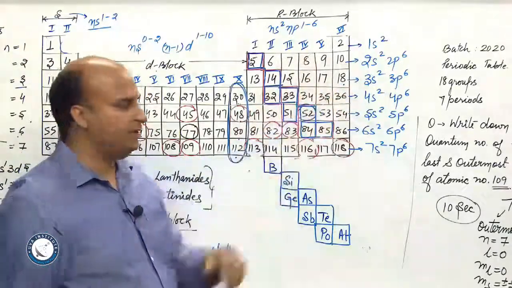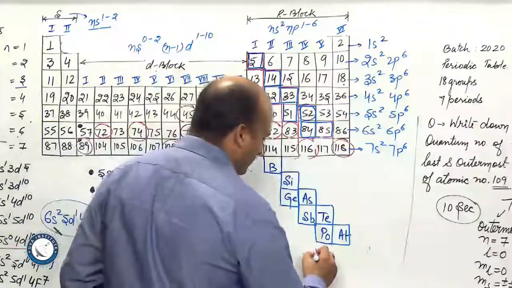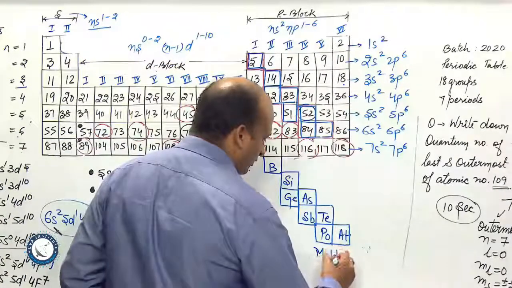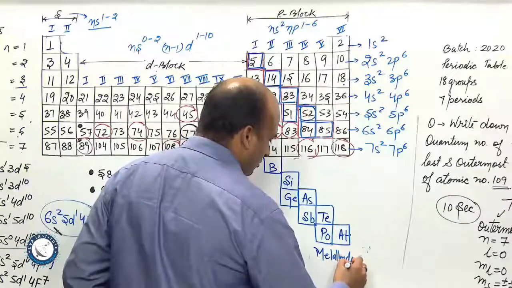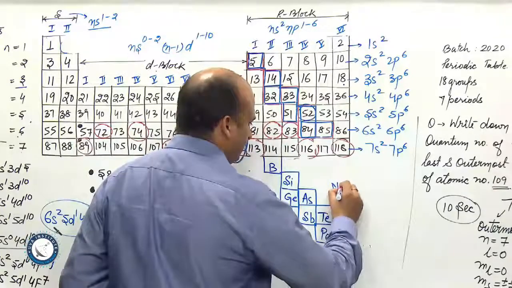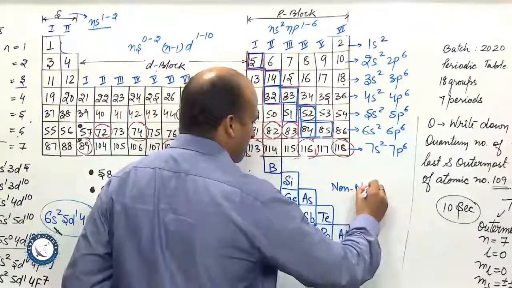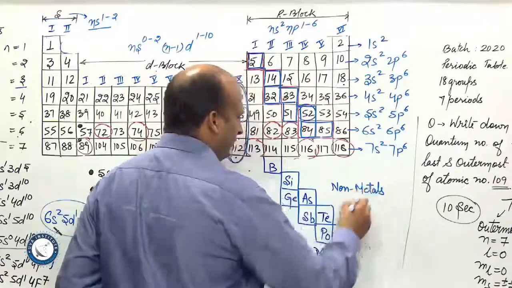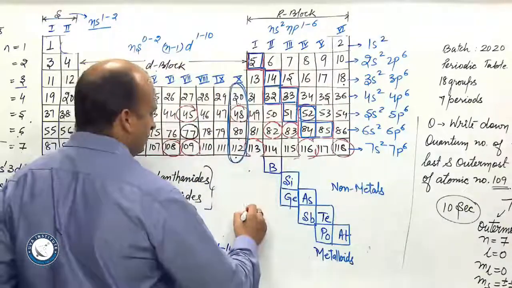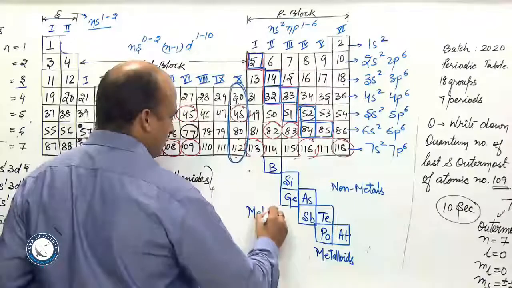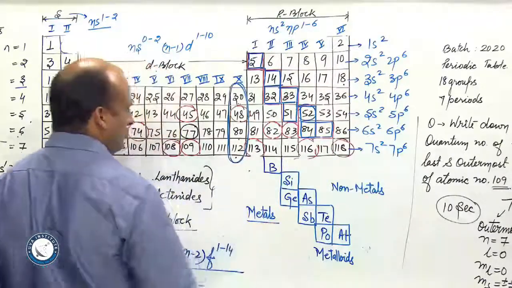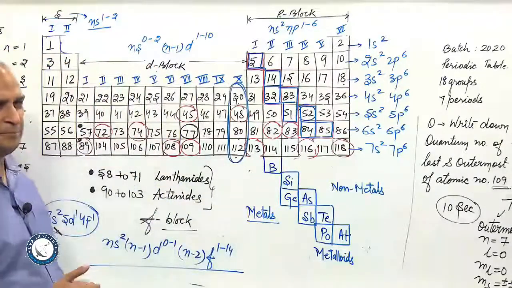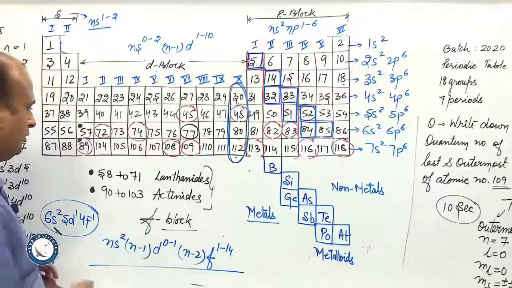On the right hand side of metalloids you have got non-metals here, and on the left hand side you have got metals. Okay, fine. Now I am rubbing this part.